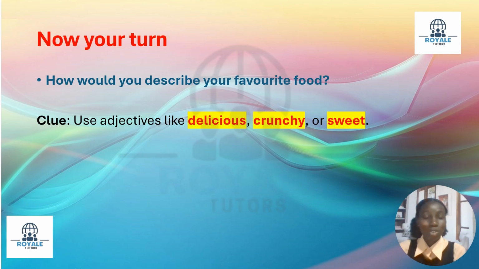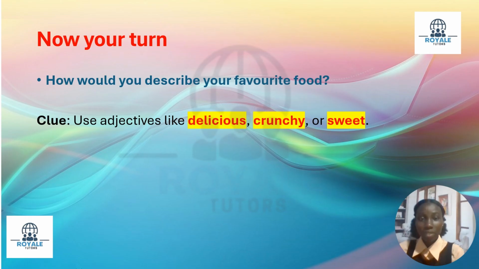So now it's your turn. How would you describe your favorite food? I know you have a favorite food. You have a food that you like best. Let me give you a clue. You can use adjectives like delicious, crunchy, sweet. Now, can you just tell me your favorite food? So you can pick rice. Oh, coconut rice.